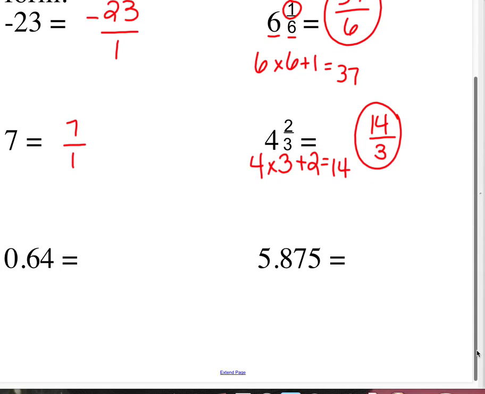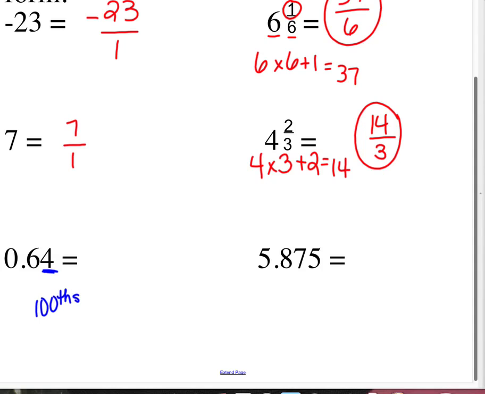A couple more to look at here, going down to the bottom left corner with the 0.64. It's a decimal. The trick to writing decimals as fractions is all about place value. Look at the digit in the far right position. It's a 4. See it over there? Remember what place value that is? Hundredths.